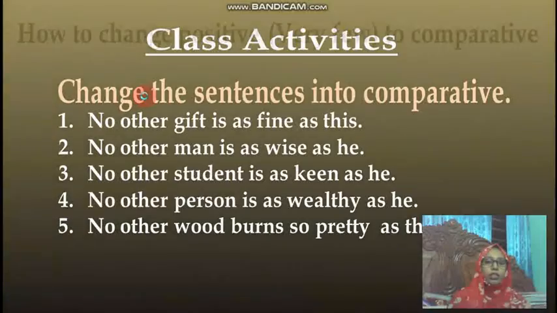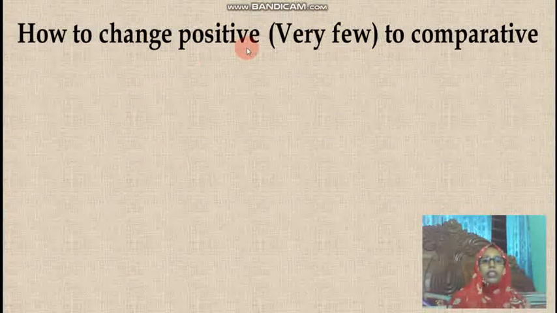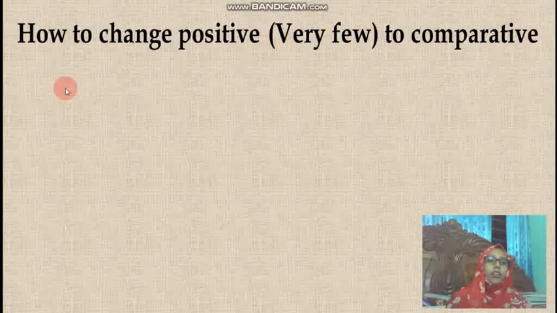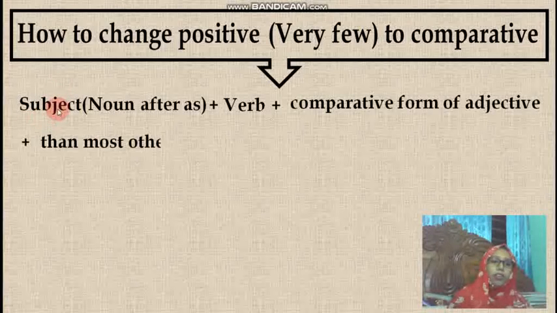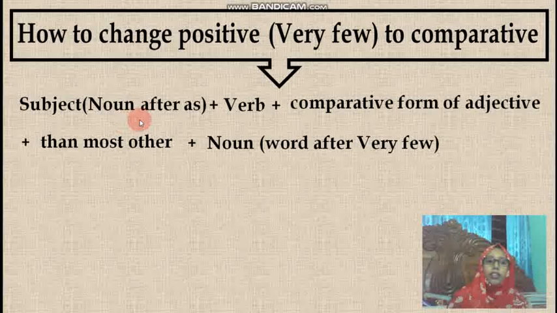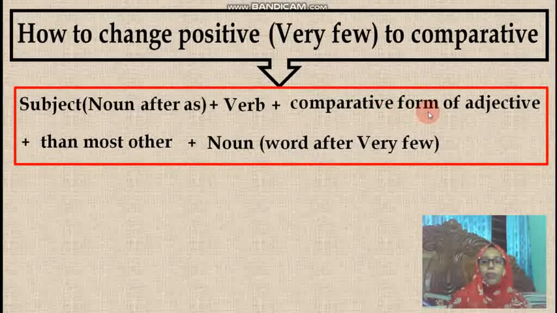This is your task. How to change positive to comparative if we find "very few" in the sentence. Now let's see. At first we have to use the subject, the noun after "as". Then according to the subject we have to use the verb, then the comparative form of the adjective, and in place of "very few" we have to write "than most other".